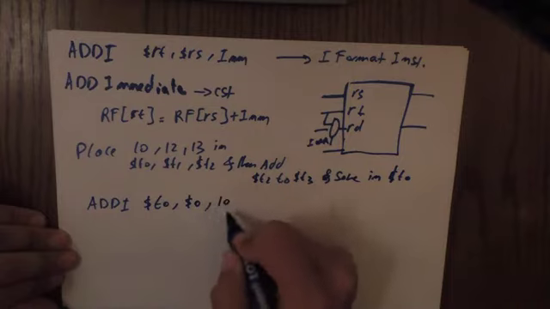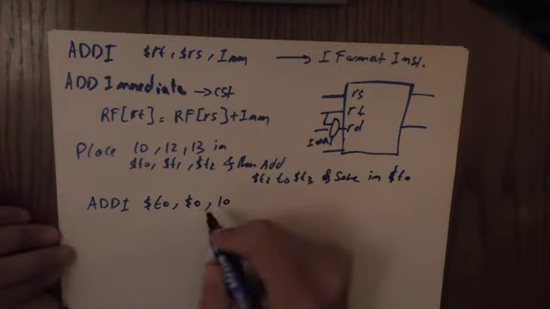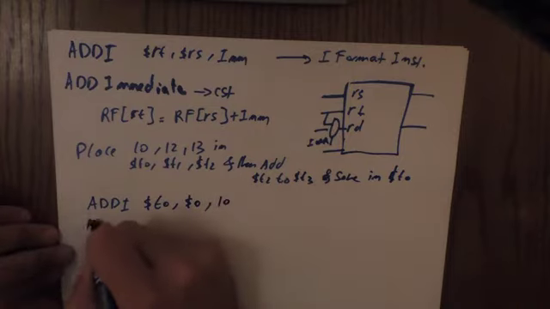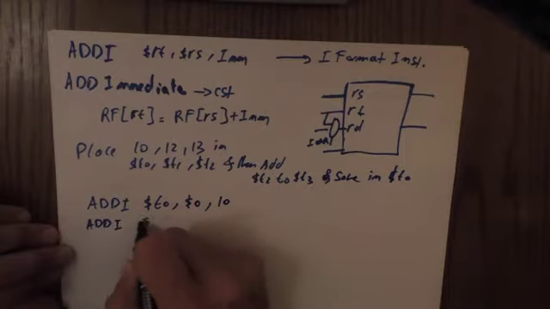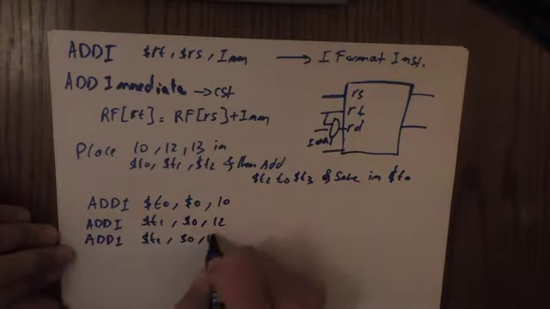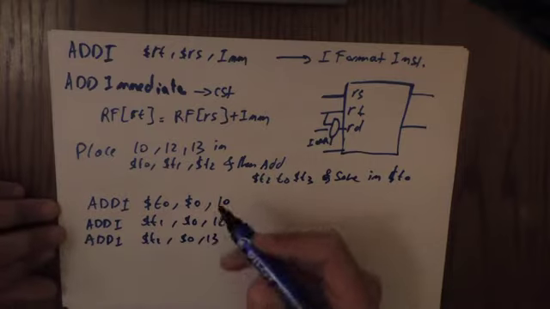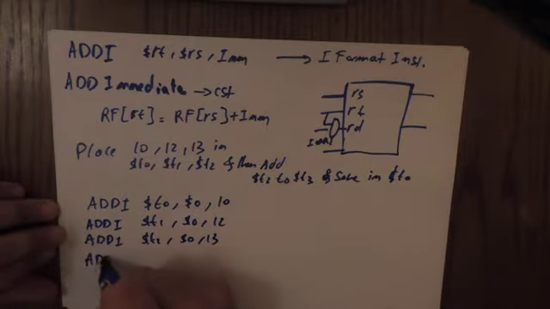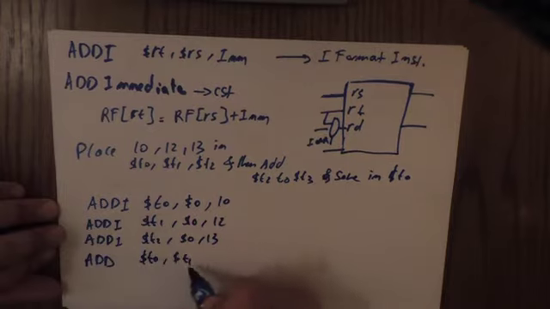Now we can add 10 to 0 and place it in T0. We can have another instruction, AddI T1, $0, 12, and AddI T2, $0, 13. Now I need to add them together. I can use the R format instruction add. Of course, this is the destination, the first operand, and the second operand.